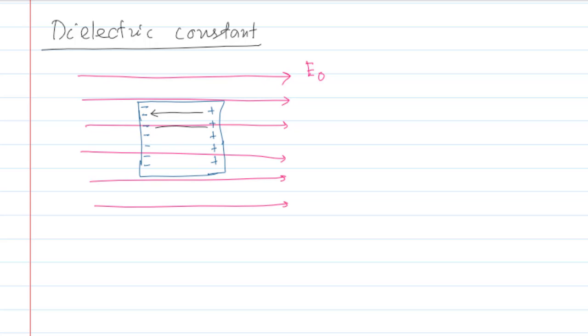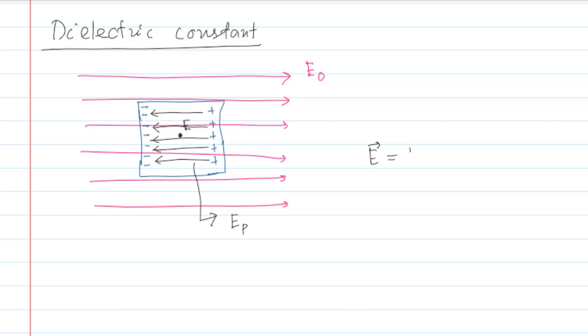And this electric field is known as the electric field due to polarization charge. Let's say this is EP, its magnitude is EP, that is the electric field due to polarization. Now in the forward direction we have E naught, in the backward direction we have EP. So the resultant field inside this dielectric is, let's say, E, and how much will it be?